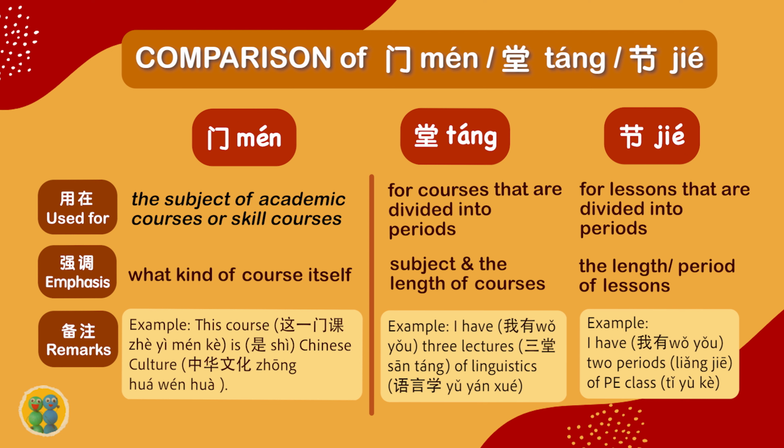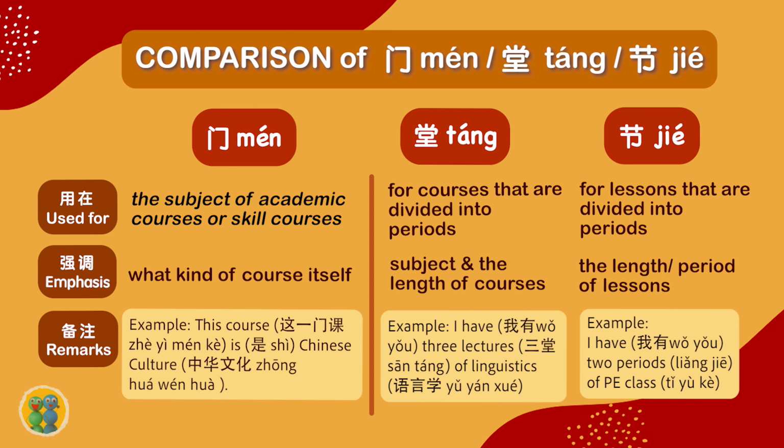Let's see an example of 门: 这一门课是中华文化. 这一门课 means this course. 是 means is. 中华文化 means Chinese culture. So you can see 门 seems to emphasize the course, what kind of course it is. Next, an example of 堂: 我有三堂语言学. 我有 means I have. 三堂 means three lectures. 语言学 means linguistics.